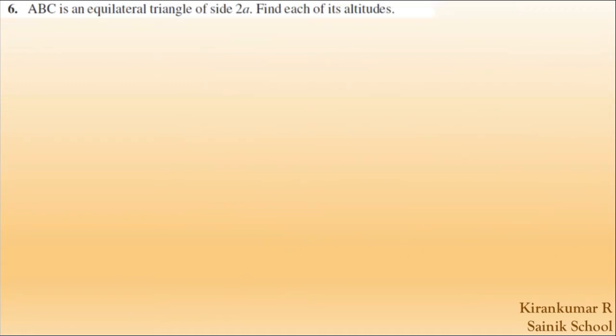Question number 6. ABC is an equilateral triangle with side 2A. Find each of its altitudes. Let me draw an equilateral triangle ABC.